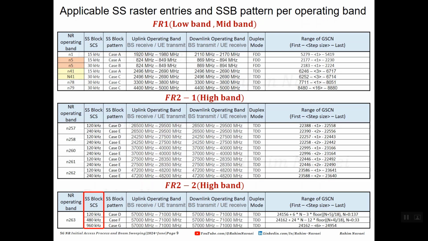For some operating bands, 3GPP has specified 2 default subcarrier spacing. For instance, NR operating band N41 supports 15 and 30 kHz as a default subcarrier spacing. 3GPP specified in release 17 a new NR band as a FR2-2, I mean N263, which is an unlicensed band.